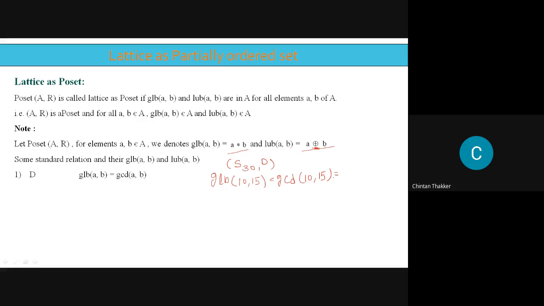What is the GCD of 10 and 15? Write in the chat box. GCD means greatest common divisor.